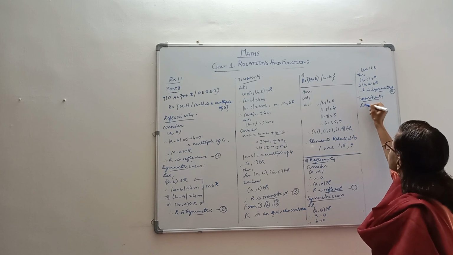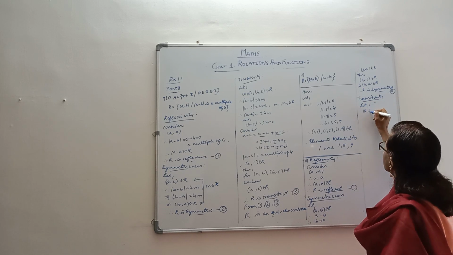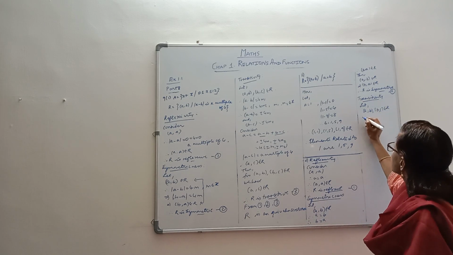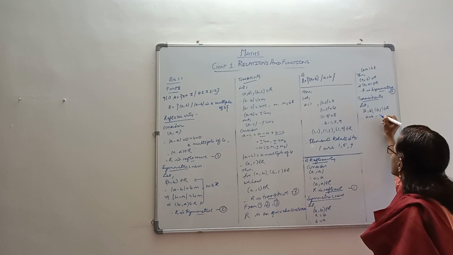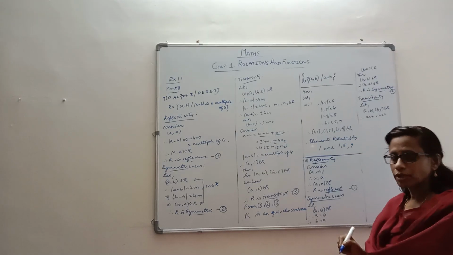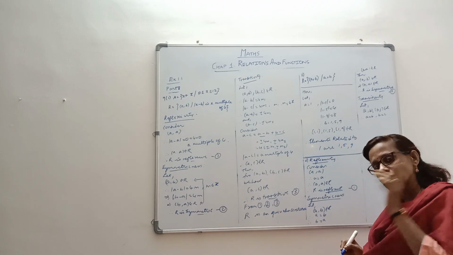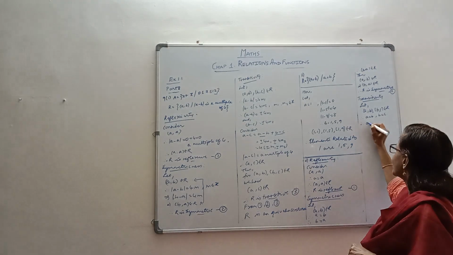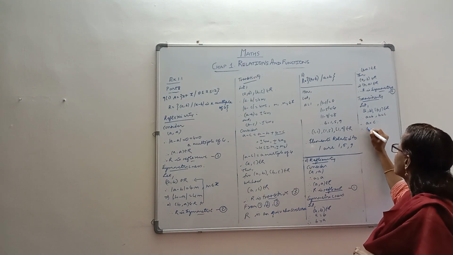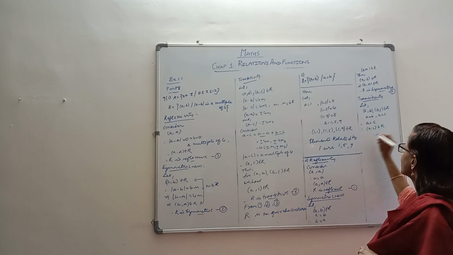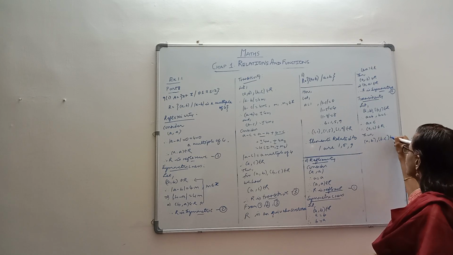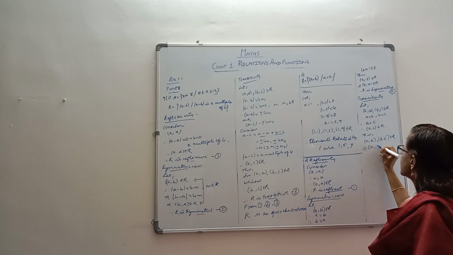Then we go for transitivity. Let A comma B and B comma C belong to R. What is the meaning? A equal to B and B equal to C. We know it. A equal to B and B equal to C means A equal to C, because equality is a transitive relation. Therefore A comma C belongs to R. Thus, starting with AB and BC belonging to R, we have got AC belonging to R. Therefore R is transitive.